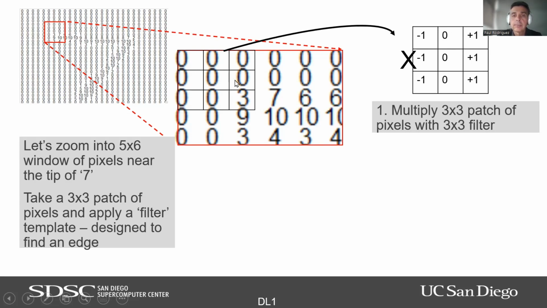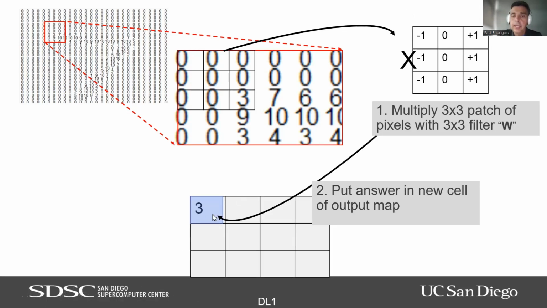So each element-wise multiplication is going to be a 0, except the bottom right, which is going to be 3 times +1. When I work out that multiplication and add all the values, I'm going to put the answer into a new map. So that's the result of the first convolution.